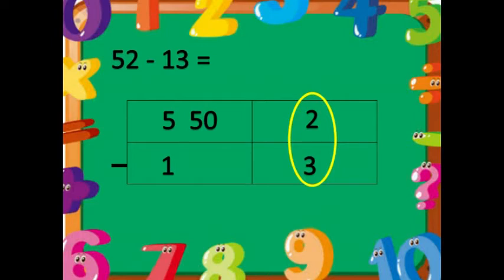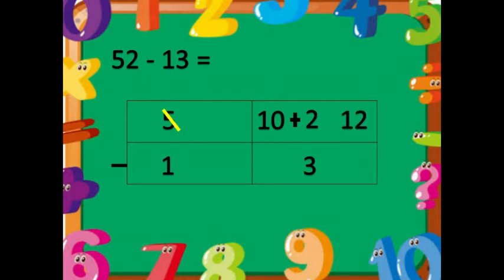So we will borrow 1 from 5, and 1 is equivalent to 10. Then we are going to add 10 and 2. 10 plus 2 is equal to 12. So that's why the 2 will become 12.